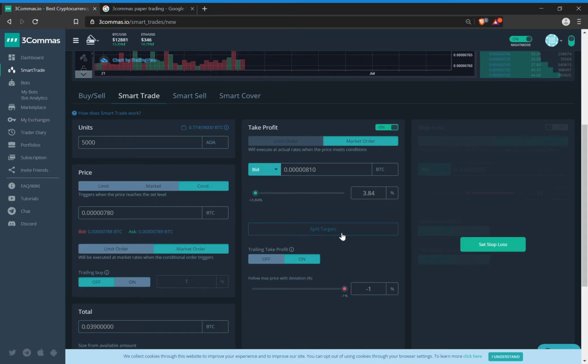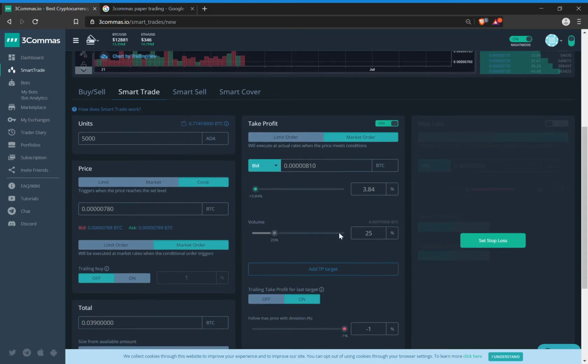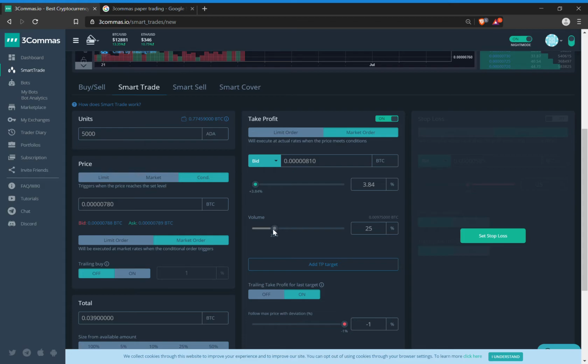Let's say Traders Profit Club gives you 2 targets, okay? So our first target, let's just say we're going to sell half of our units, so that would be 50% of 5,000 units, which would be, excuse me, 2,500 units we're going to sell at 810 Satoshis, okay?